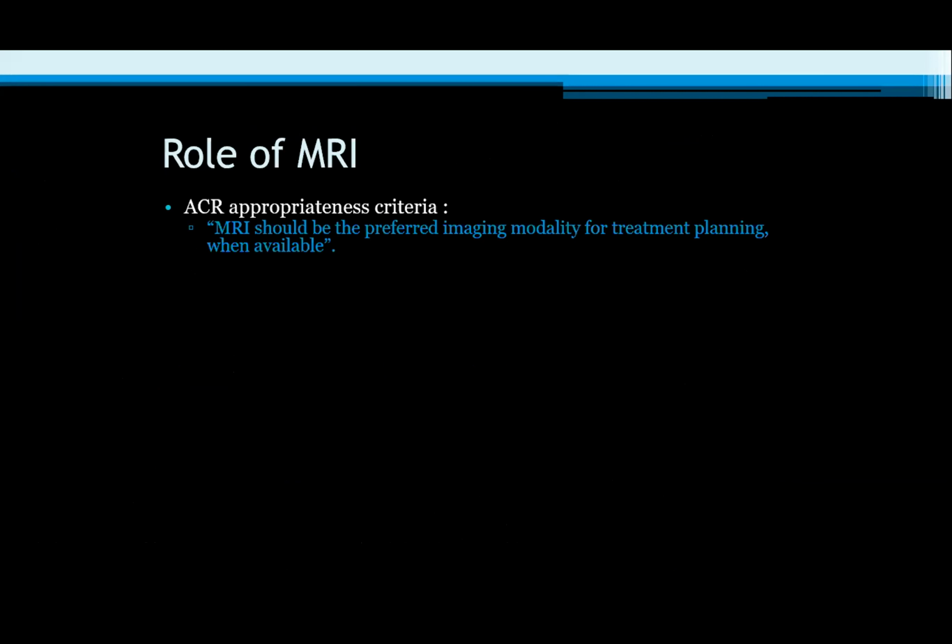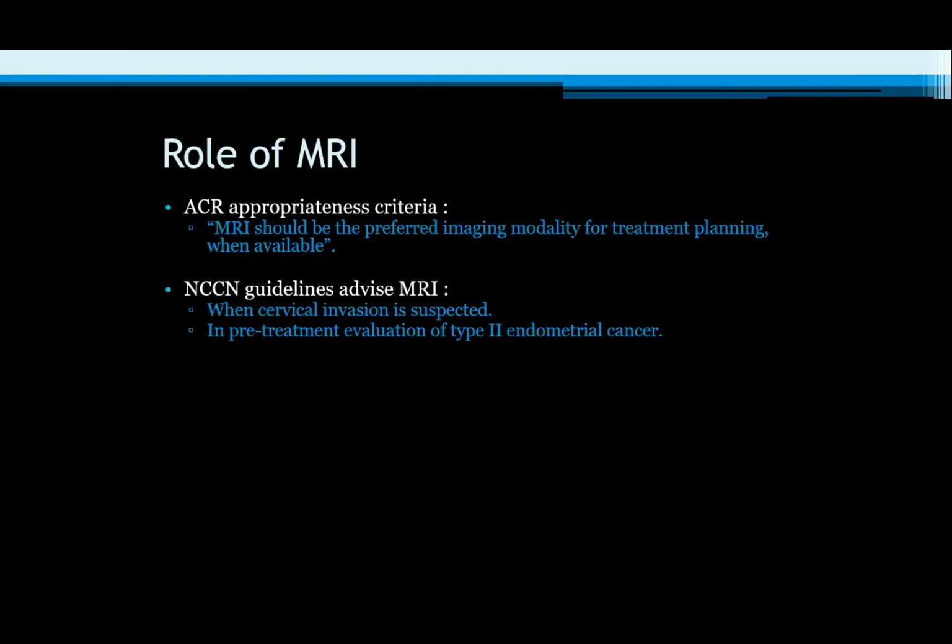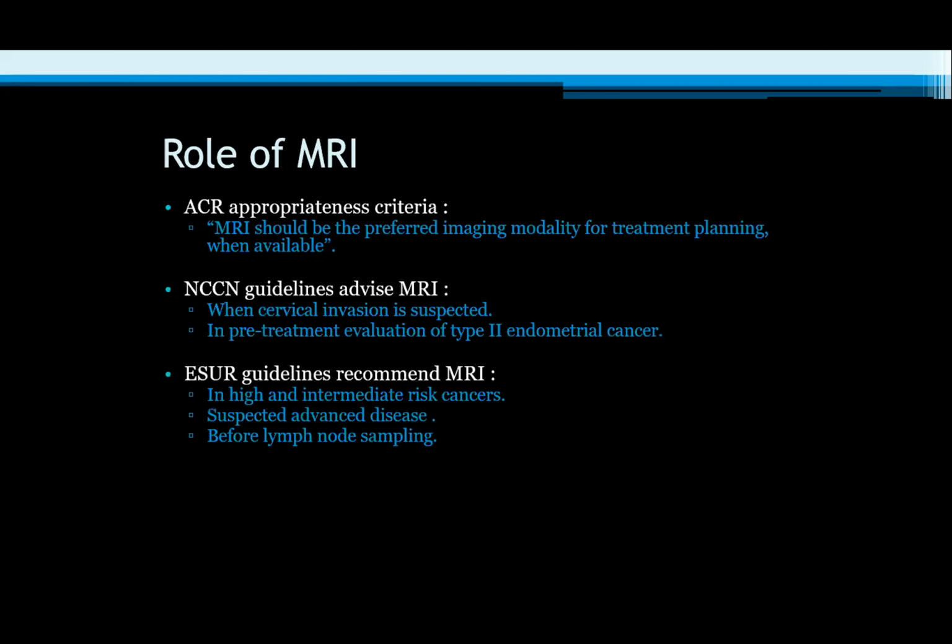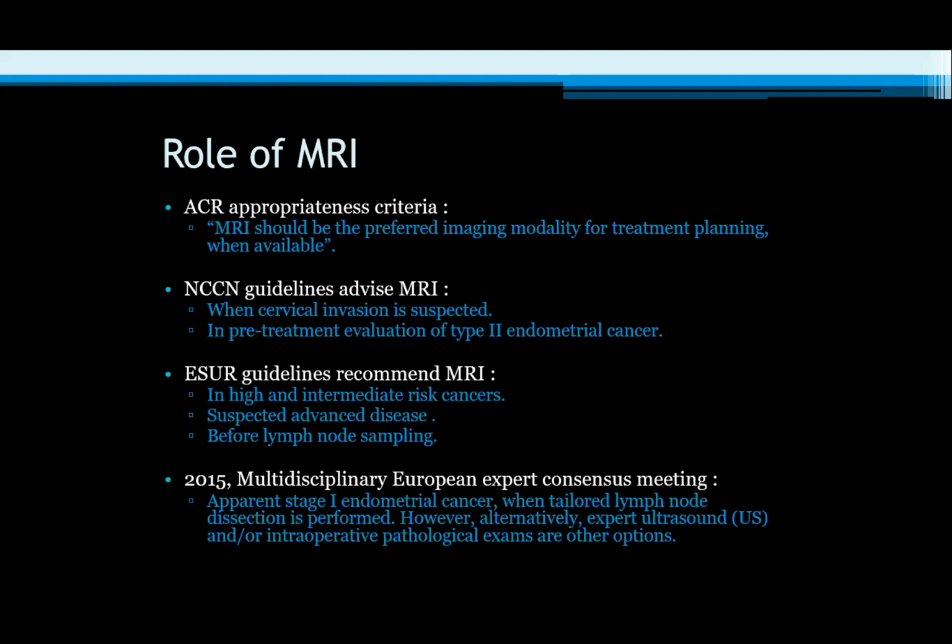So, the role of MRI has been defined by the following organizations: ACR appropriateness criteria, NCCN guidelines, ESUR guidelines, and the 2015 multidisciplinary European expert consensus meeting, which recommend MRI for treatment planning of carcinoma endometrium.